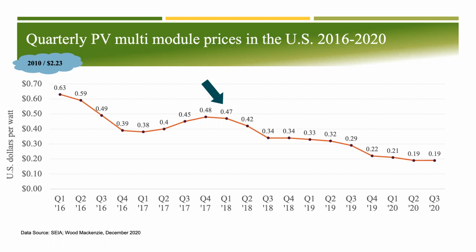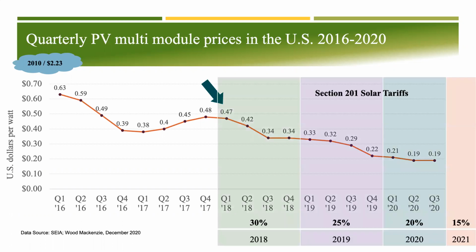And in 2018 here, I highlight that with an arrow because a lot of people have interest in this: the Section 201 solar tariffs. I think this really ties into a couple of the previous slides. As we think about energy, it's not just price, it's reliability, it's energy security.